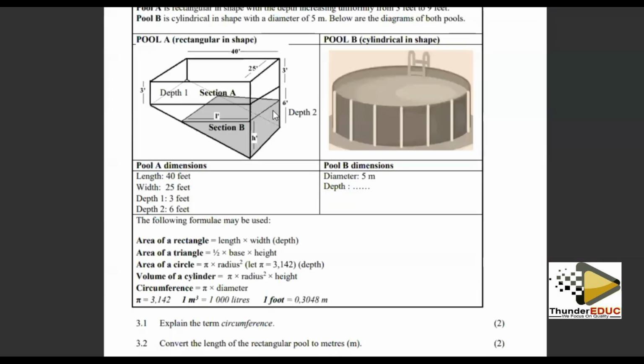You need to come here and you see the diagram. This is pool B. So the radius is needed, which is diameter divided by 2, which is 5 divided by 2, which is 2,5 meters. So in our formula, we should have 2,5 meters, but it has to be what?